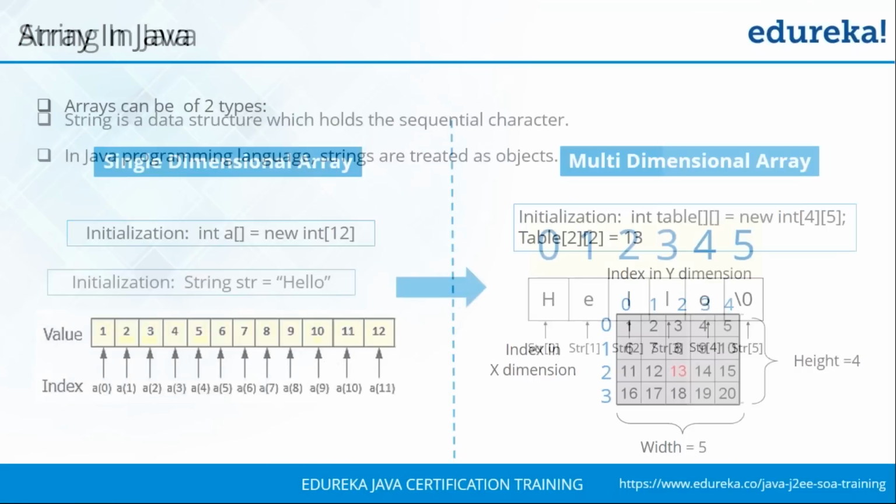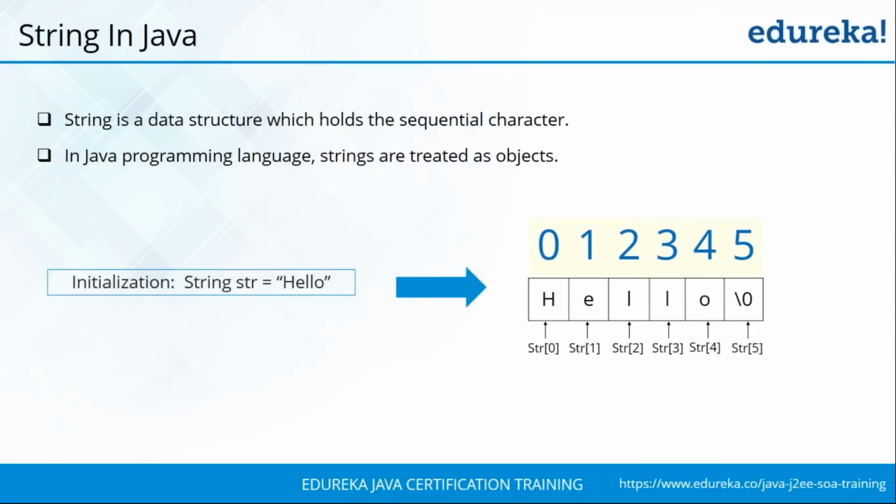Okay, so when you come down to strings, strings basically are a collection of characters. If you want to store a word, then you can use a string to store that word. But when you compare a string to other programming languages like C or C++, here your string is an object and not a data type as such. This is one of the major differences between C++ and Java.